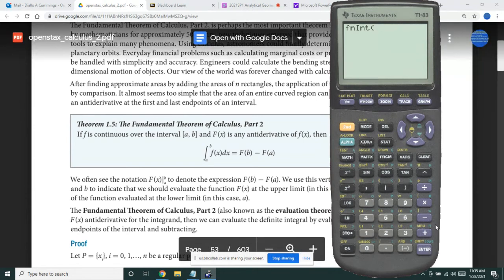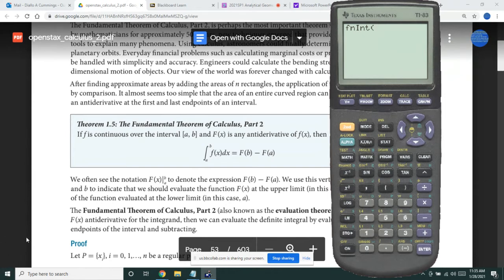When you use the function integration function on your calculator, you must give it 4 parameters. You must put in your function, you must put in your variable of integration, you must then put in your lower and your upper limit.